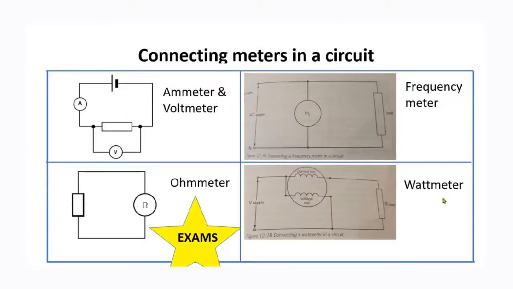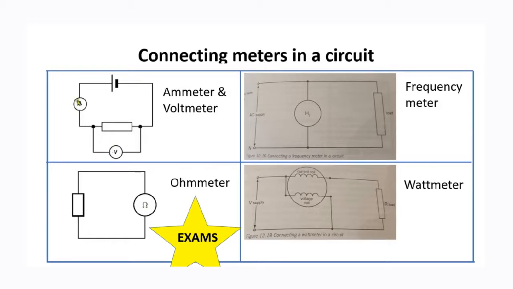In the slide, you will see we have different ways of connecting up meters. In the first drawing, you will see an ammeter and a voltmeter connected up in a circuit. Students, please take note, this is an ammeter and a voltmeter connected up in the circuit. Sometimes the examiner could ask you just to draw the ammeter only, or just draw the voltmeter only.